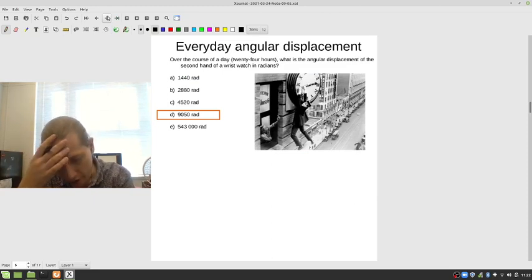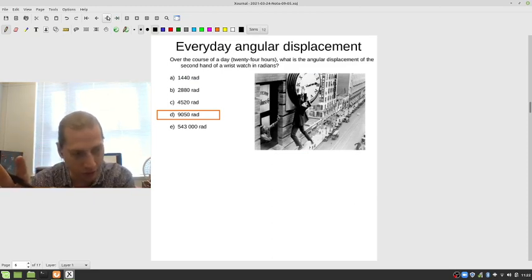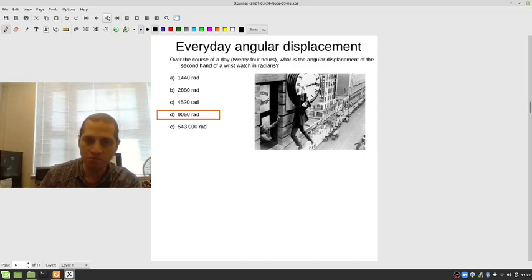All right, now here's a case where, let's say we just don't care about the direction for a second. It says, over the course of a day, this is just an example, 24 hours, what is the angular displacement of the second hand of a wristwatch in radians? Okay, so each minute, I get 1 revolution of that second hand. 1 revolution per minute. So that's the number.